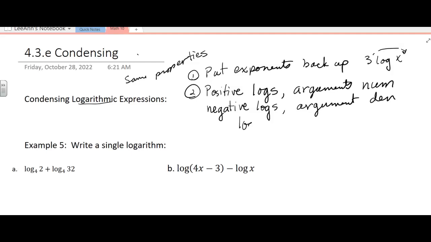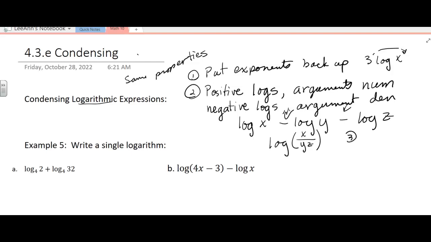So say you had log x minus log y minus log z, then you'd put it together, you'd have one log, the x would be in the numerator, and the y and the z would both be in the denominator because they're both being subtracted. And then that's pretty much it.